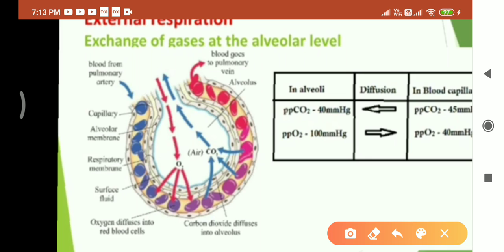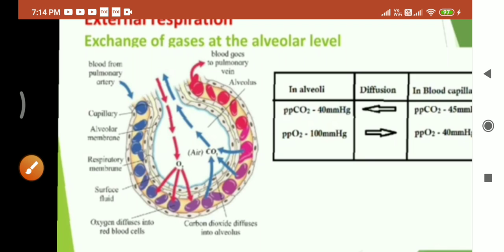So what is present in this deoxygenated blood? Carbon dioxide is present. This carbon dioxide diffuses across the respiratory membrane from the blood capillaries out into the alveoli chamber. You can see here that according to partial pressure, this carbon dioxide goes back to the environment.